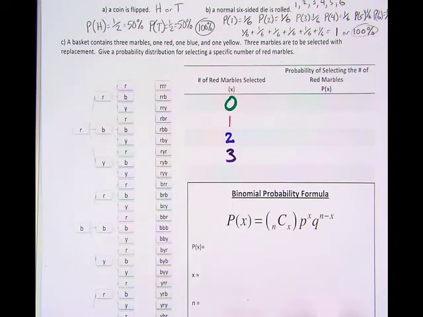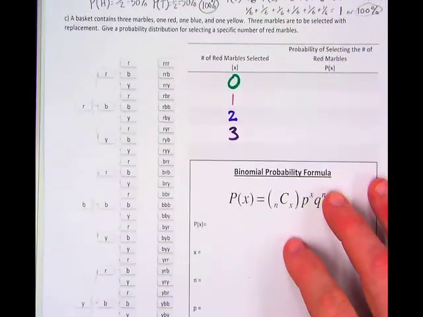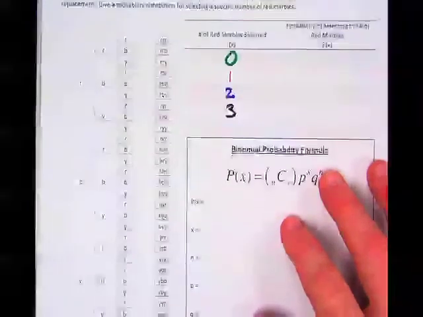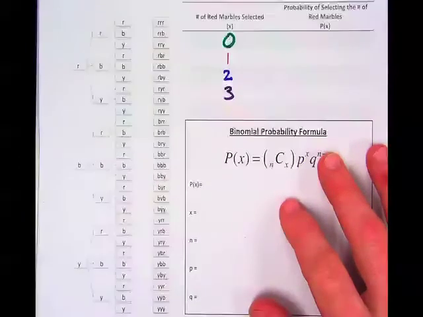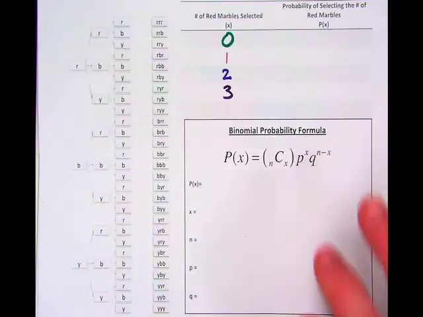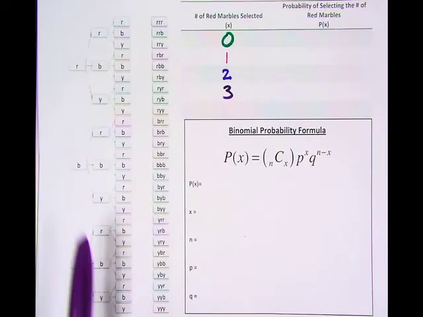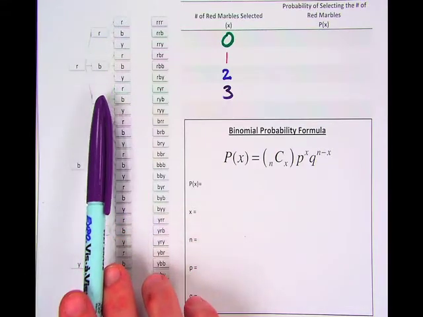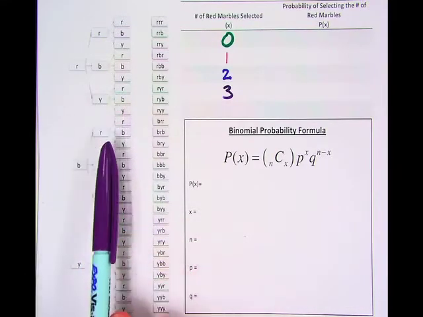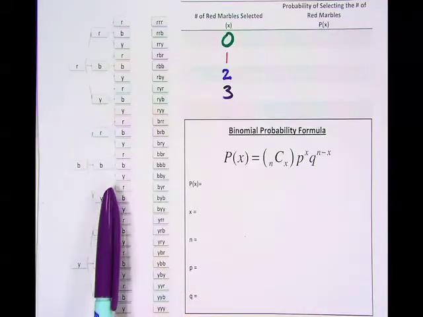The question changes just a little bit based on how many we can actually get. So, being the nice teacher that I am, I have made a nice little tree diagram of this experiment for you. You can see here for the first marble, we can choose red, blue, or yellow. Then branching off, our second marble, this is with replacement, so notice we can get red again, blue again, and yellow again.